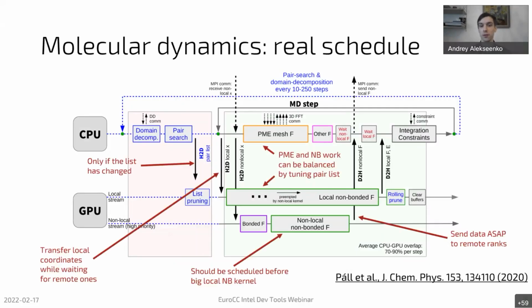And what's more, this schedule is not static. So some data transfers occur only conditionally. Sometimes we can balance the work between CPU and GPU by changing parameters. We can reduce the frequency of certain updates by increasing the length of different tasks.